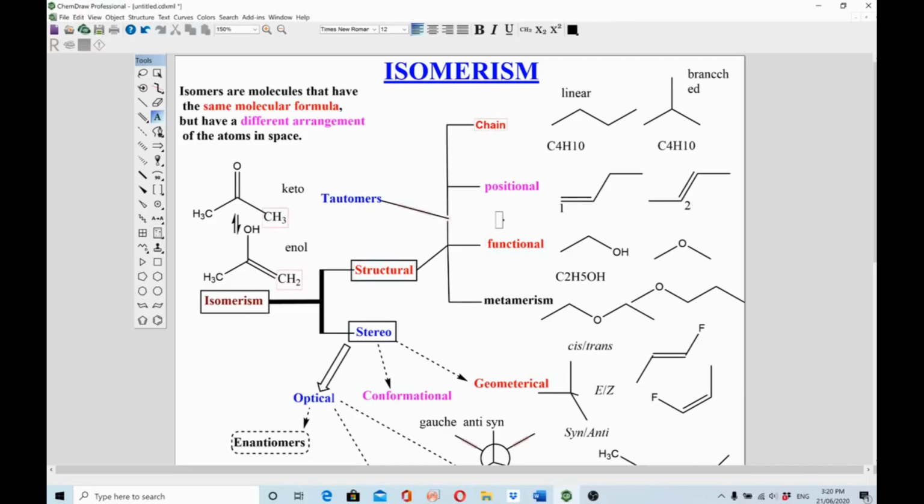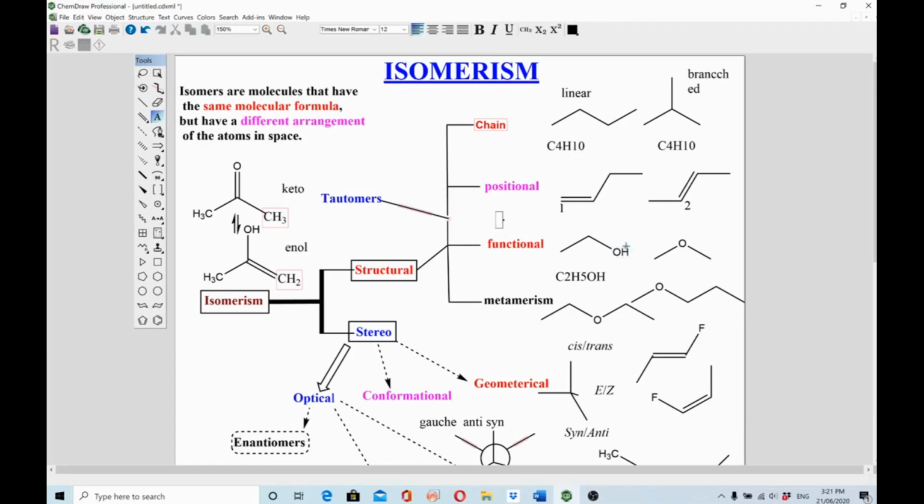Now let's discuss the structural isomerism's third type, that is functional isomerism, in which molecules have the same molecular formula like C2H6O, but the functional group is different. Here, in positional isomerism, the functional group was the same but its position was different. Here the functional group is different.